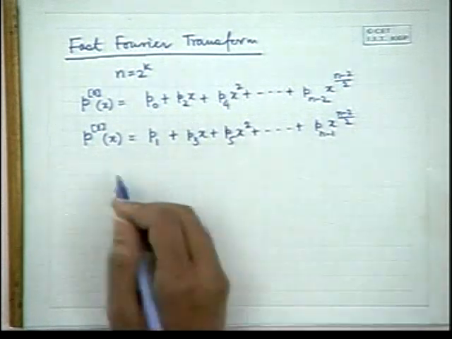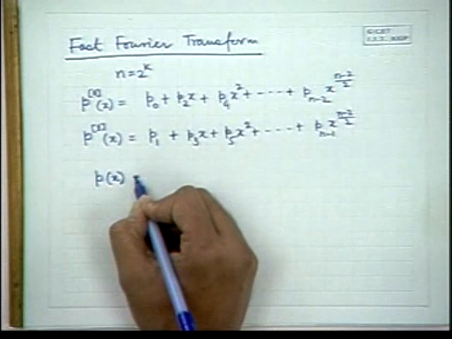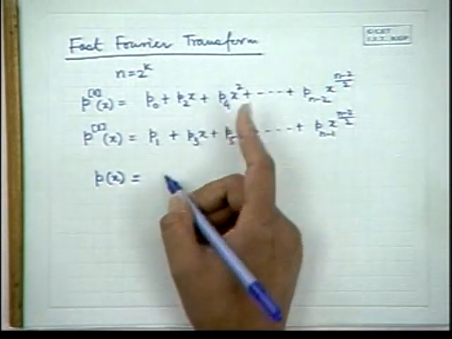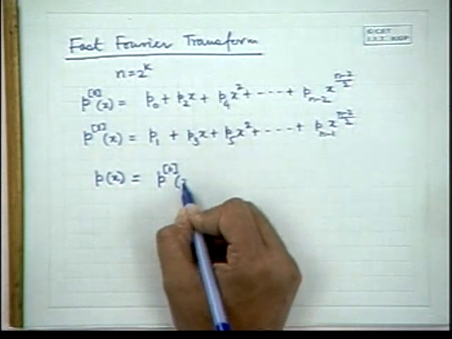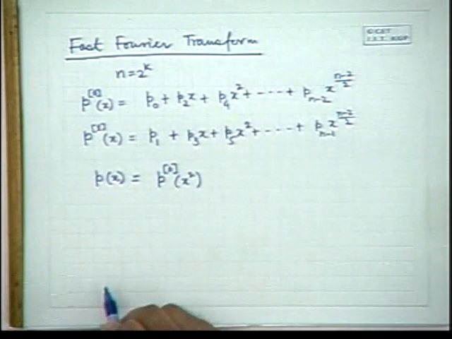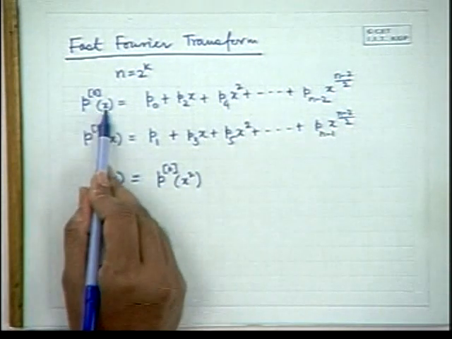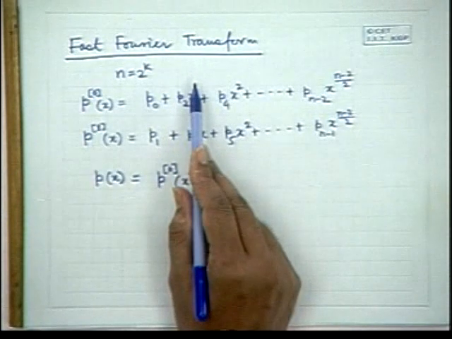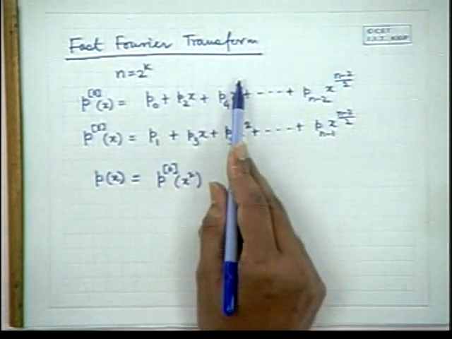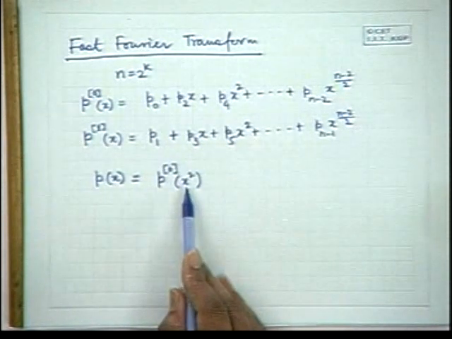Now the given polynomial can be written as p(x) equal to p0 of x square, plus x times p1 of x square. Remember, I wrote p0 of x like this, but p2 is actually associated with x square and p4 with x to the power 4, so you replace x by x square and you get all this.